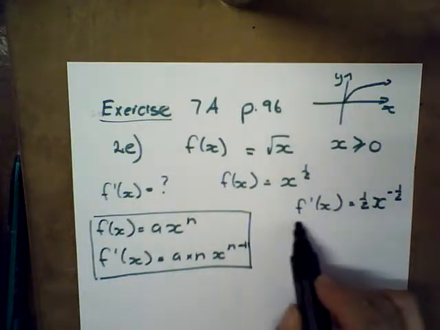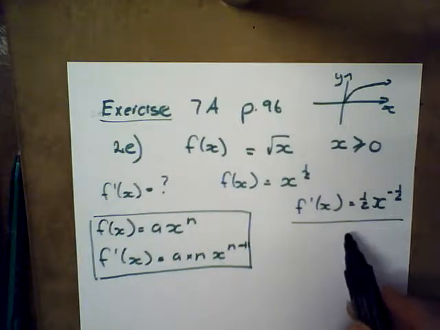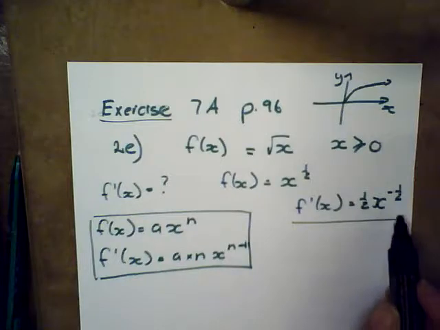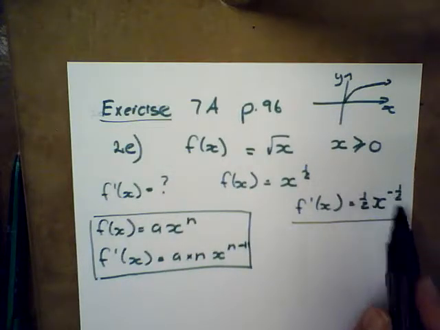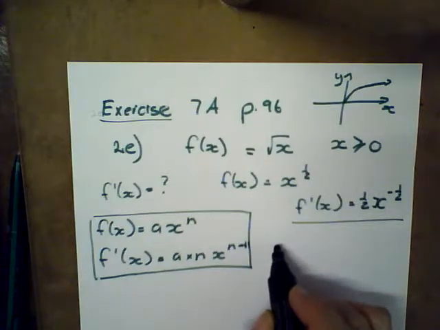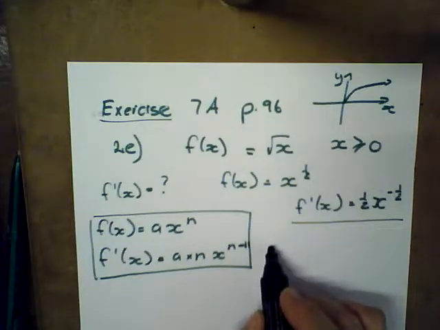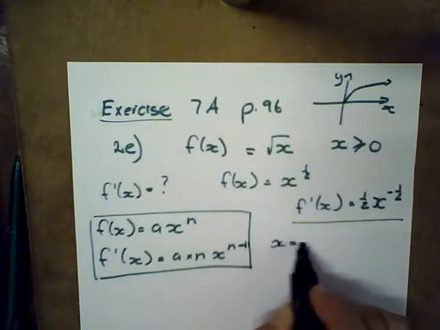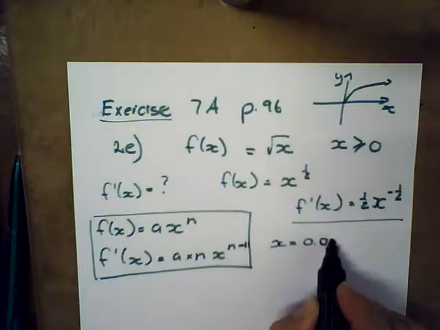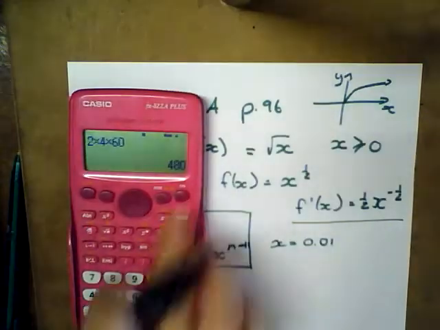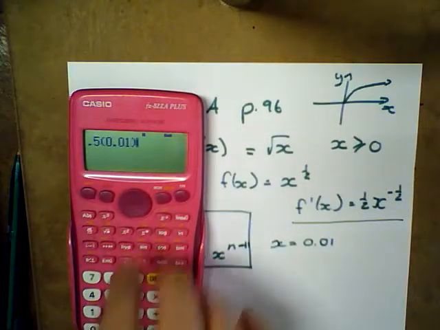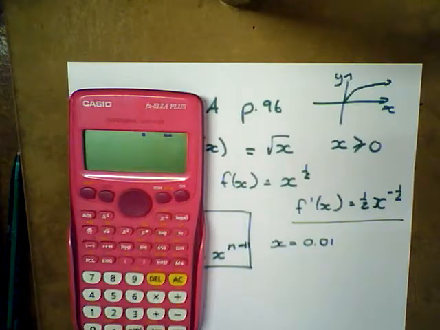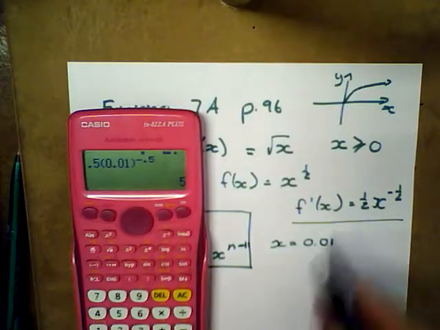Okay, you can use a variety of ways to plot this graph or to see how the behavior of a graph will be. If we just have a quick look, if I have a really small value, like when x equals 0.01, what will happen to this function? So I have 0.5 times 0.01 to the power negative 0.5, and that would give me a value of 5.